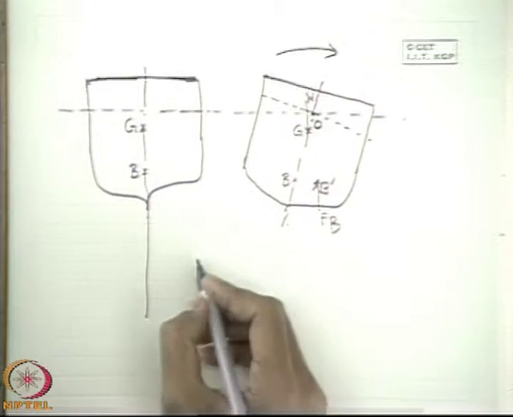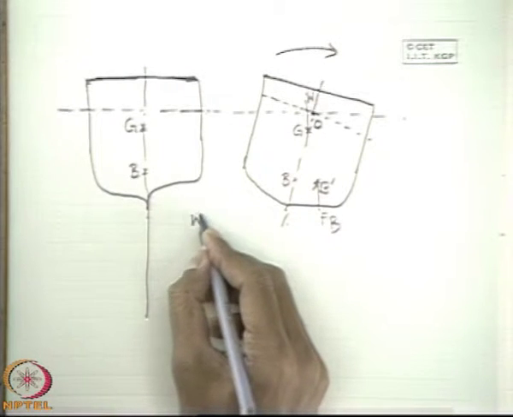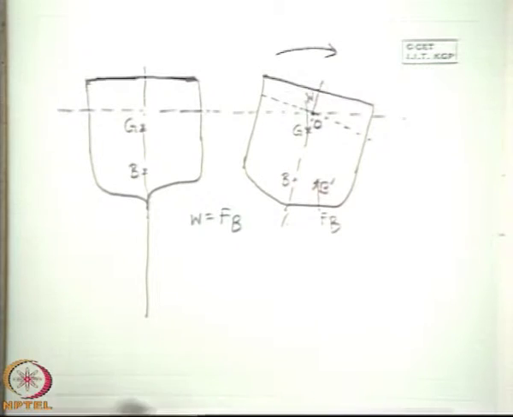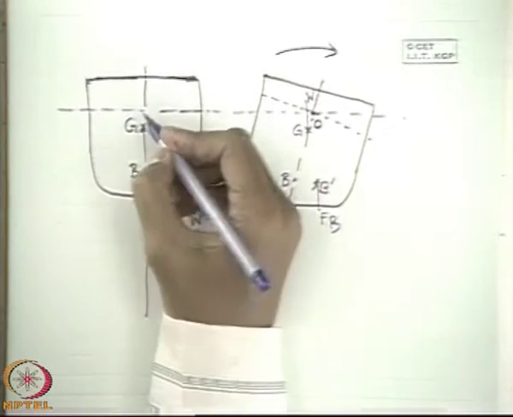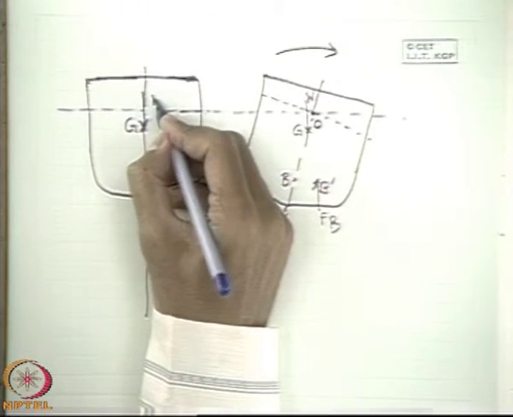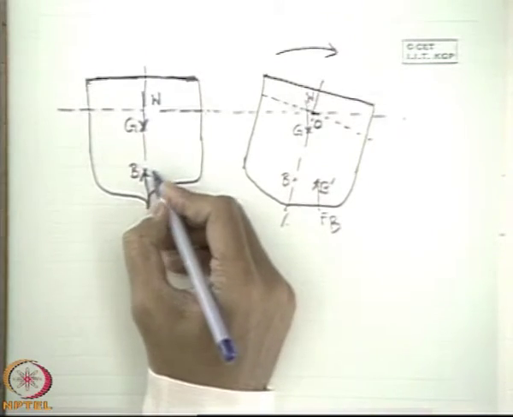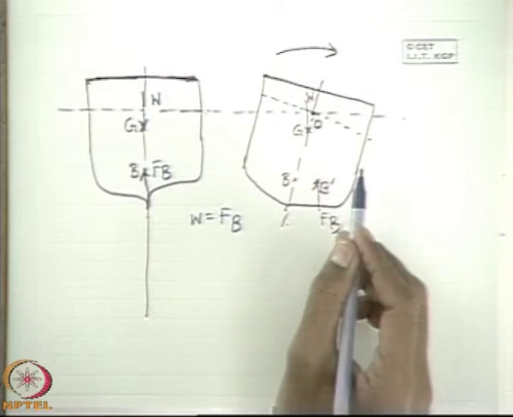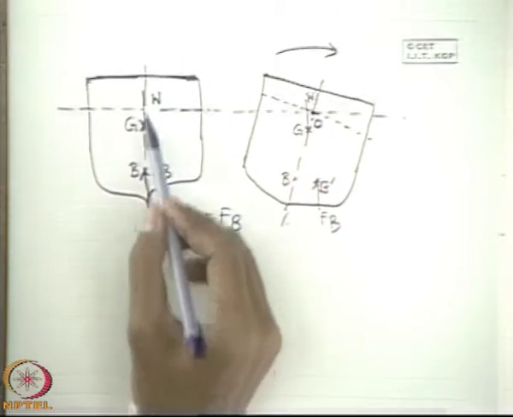Now one thing is true, so long as W is equal to FB, that means we always consider equilibrium; we are only considering the angular stability. Then the buoyancy force W is unique.